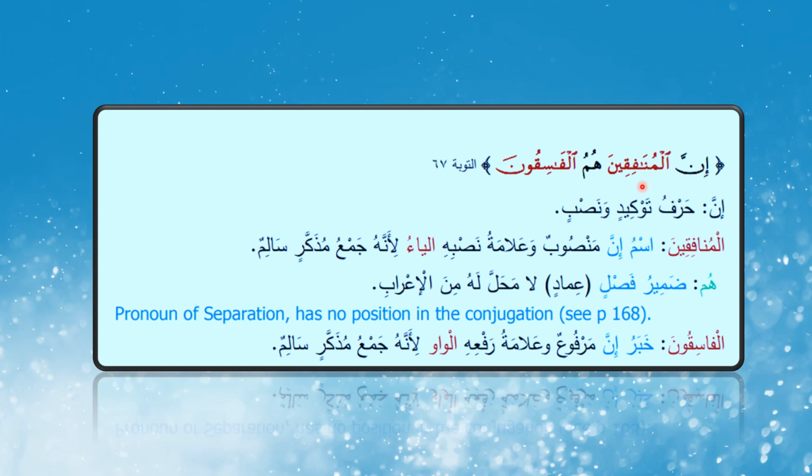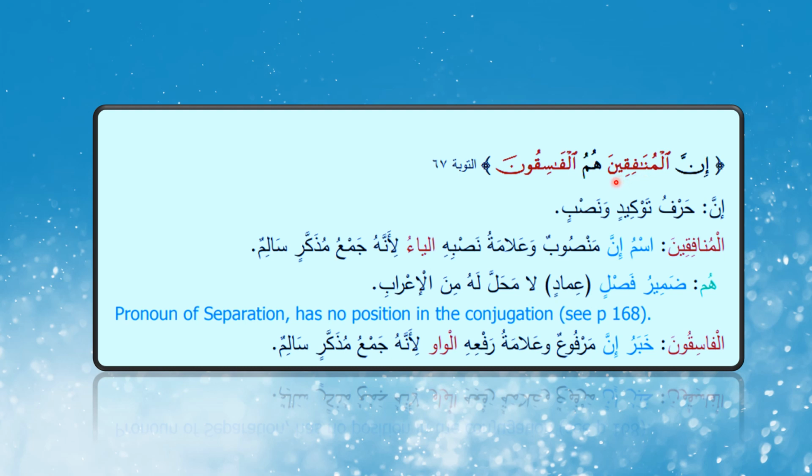So it's simple. It's an ism inna position. Hum al fasiqun. Now who can remember why "hum" has come here in between al munafiqin and al fasiqun? What is the reason this extra damir has come between the khabar and the ism inna?